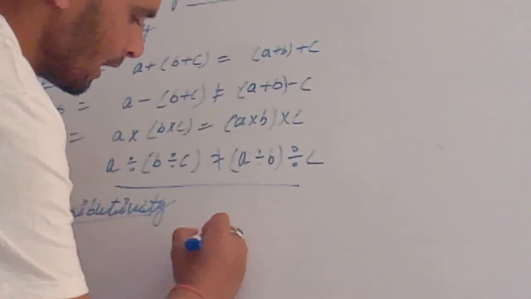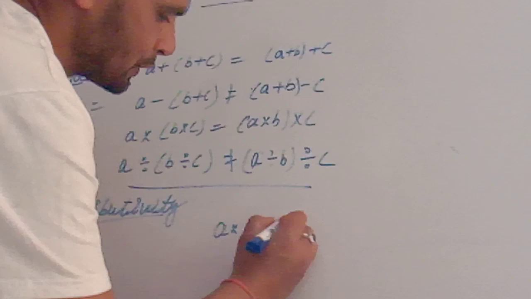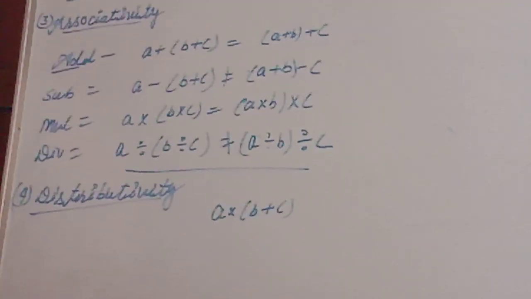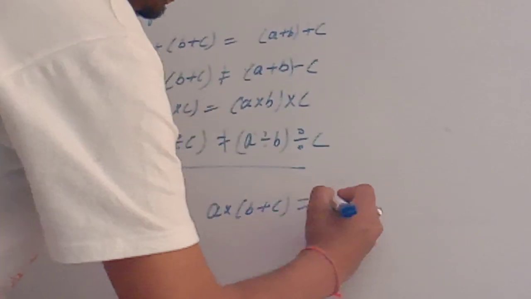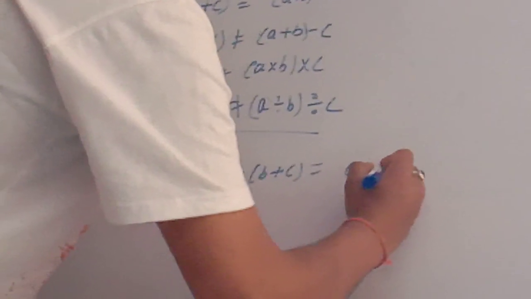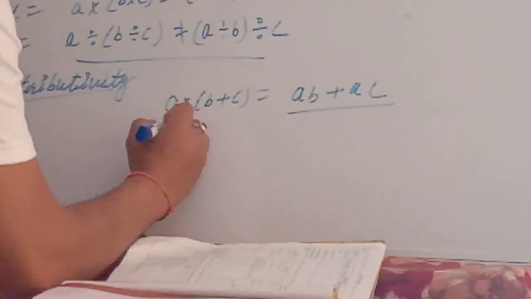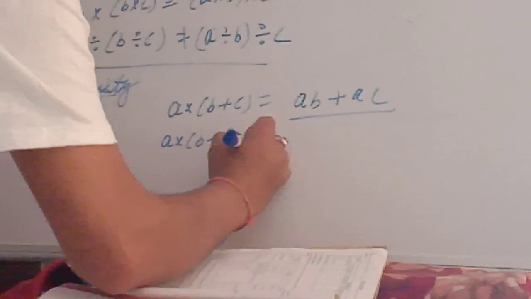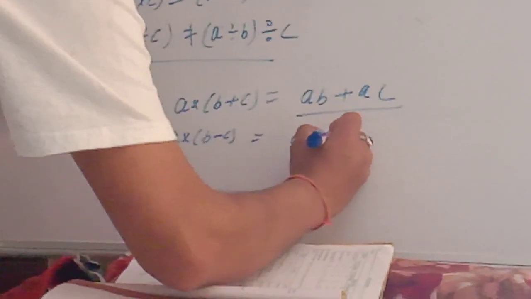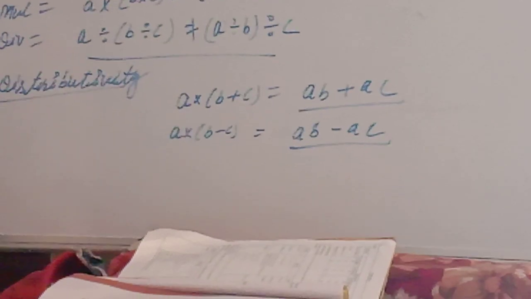Only one here: a × (b + c), the same b plus c here, is equal to ab plus ac. Okay, same here with subtraction: a × (b - c) is equal to ab minus ac, ab minus ac.